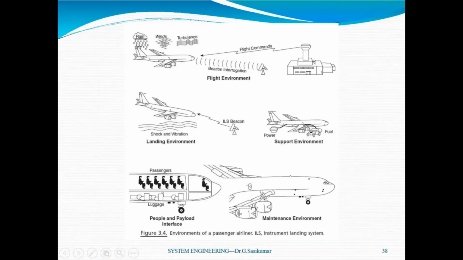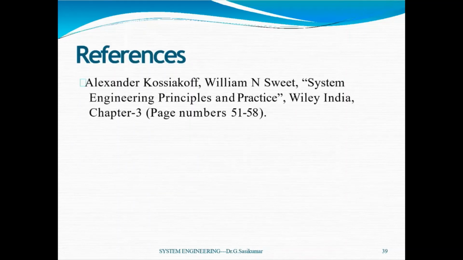This is another part: interface and maintenance. Okay, so the passengers will be accommodated and they will be allocated seats. And before starting the flight for takeoff, they will verify each and every part of the maintenance environment. Okay. So these are the six different steps where we have to create a good environment to operate the system.